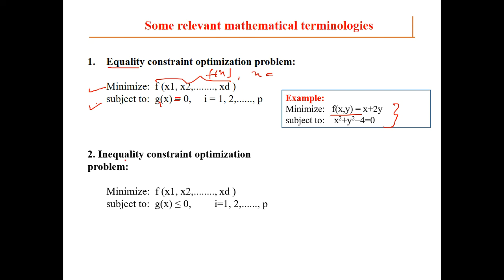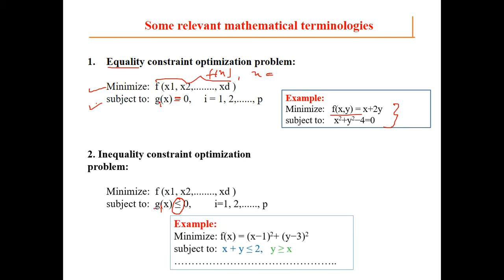There are some other kinds of optimization problems where the constraints are inequalities. Here g_i(x) is less than or equal to 0. Let us see the example: minimize a function given some constraints.